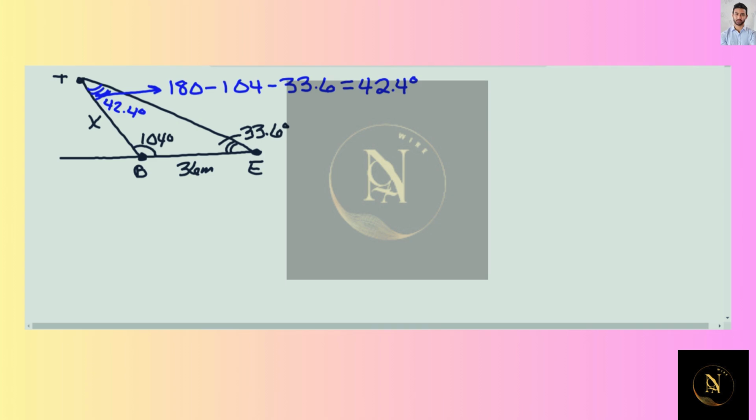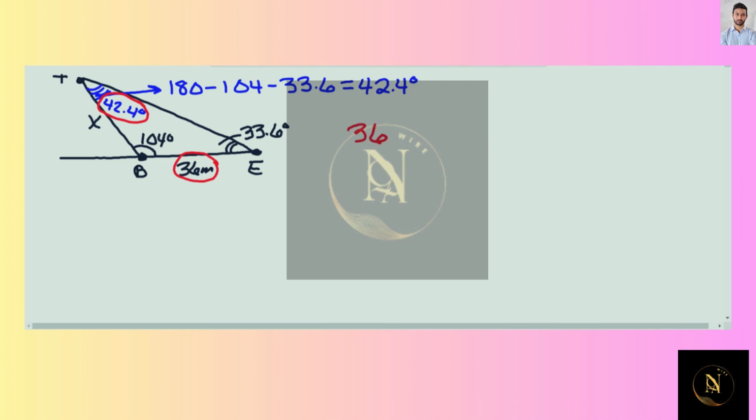So now we're going to be able to solve for X using the law of sines. We can use the law of sines when we know the measure of an angle and its opposite side, and then one other piece of information. So in this case, the side length 36 meters is opposite the angle 42.4 degrees.